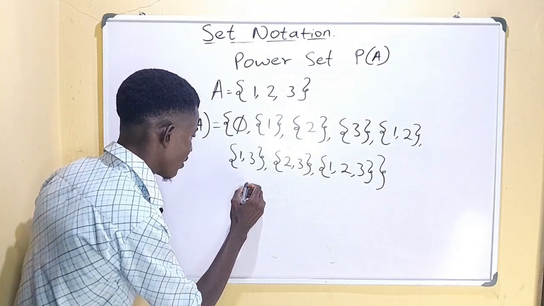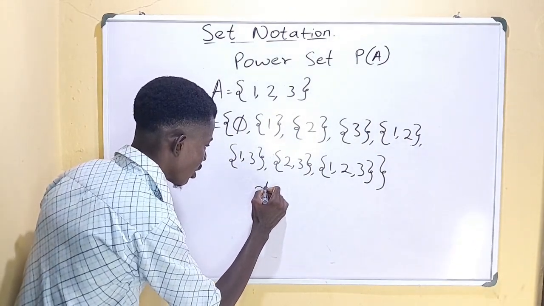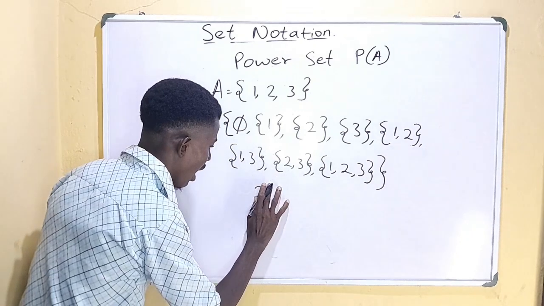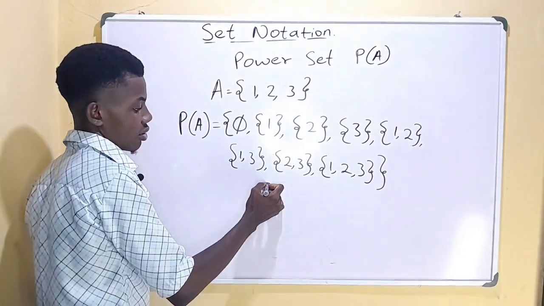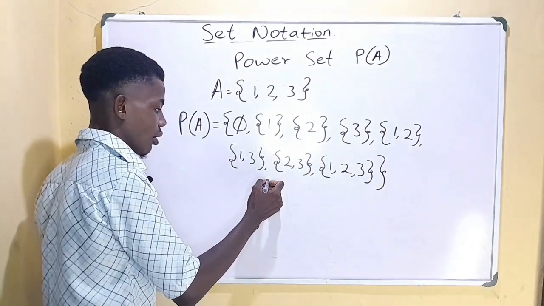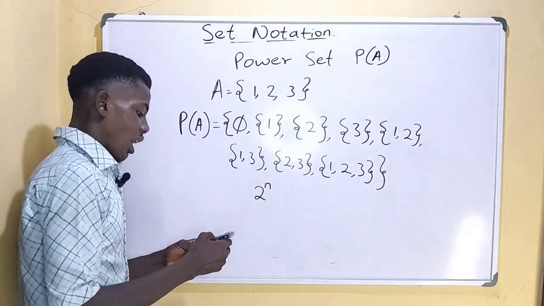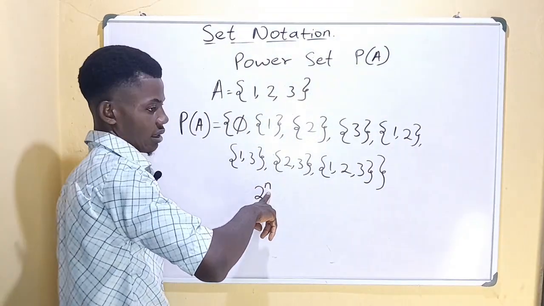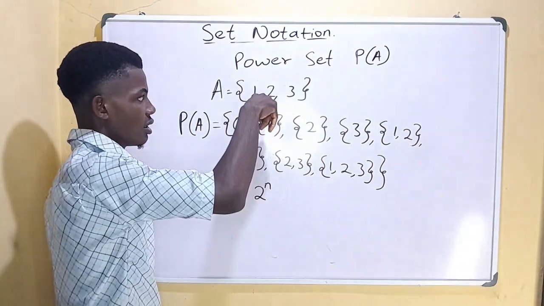In this formula for power set, we can say it is 2 raised to power n. This n means the cardinality of that set.